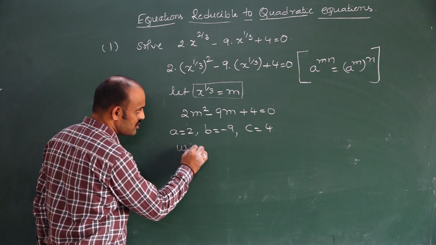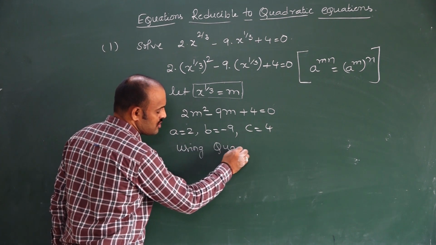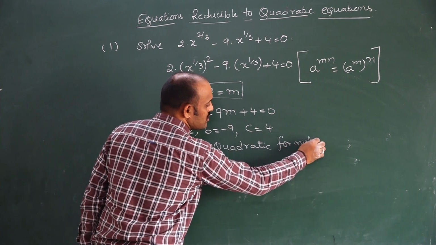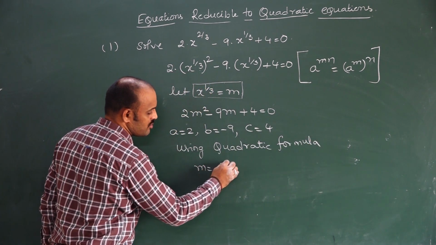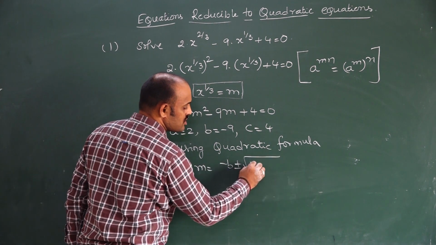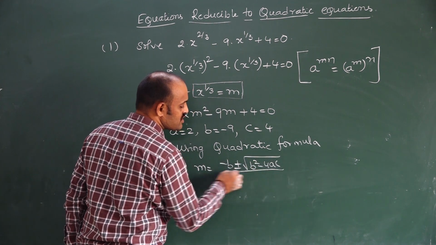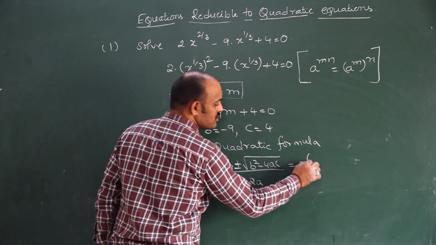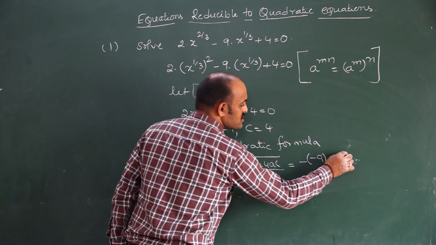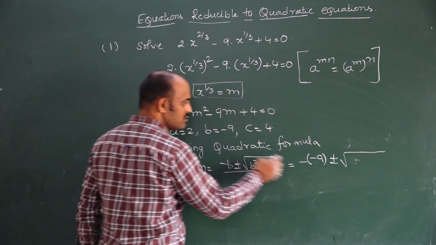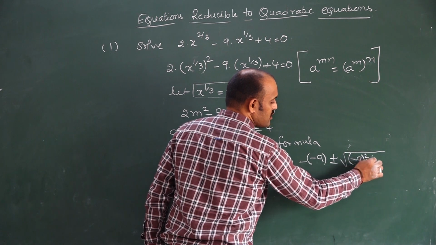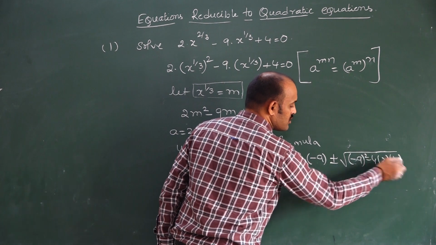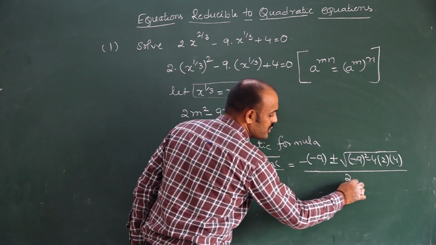Using the quadratic formula, m is equal to minus b plus or minus under root b square minus 4ac by 2a. Minus b value, minus 9, plus or minus under root b square, that means minus 9 whole square, minus 4 into a value 2, c value 4, by 2a, 2 into 2.